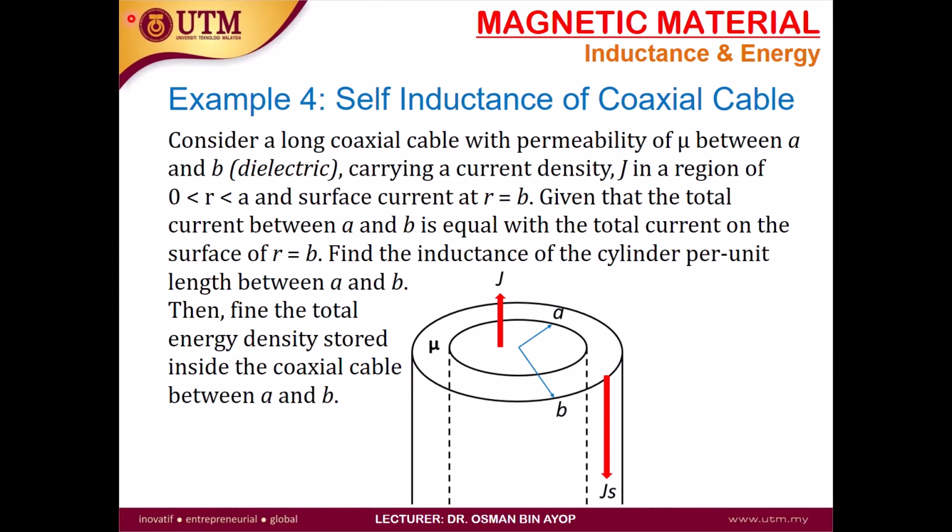The question is, consider a long coaxial cable with permeability of mu between A and B, which is dielectric, carrying a current density J in the region between 0 and A, and a surface current at R equal to B. Given that the total current in the region 0 to A is equal to the total current on the surface at R equal to B, find the inductance of the cylinder per unit length between A and B. Then, find the total energy stored inside the coaxial cable between A and B.